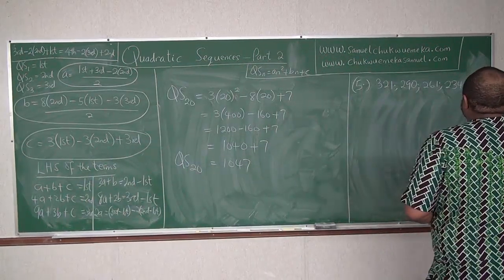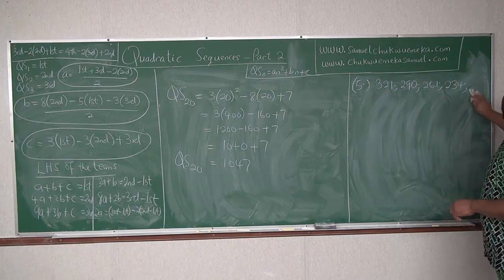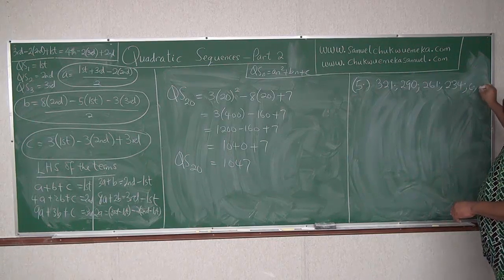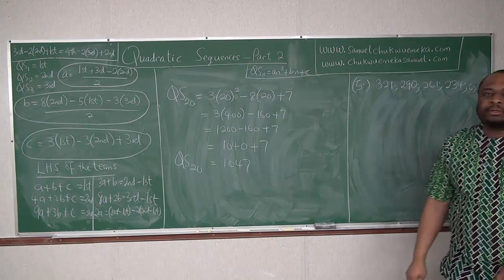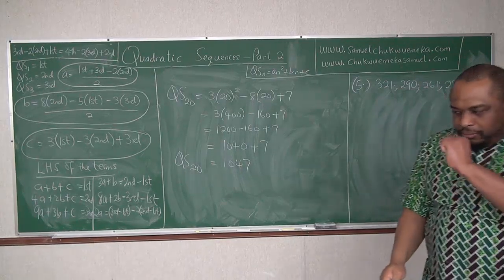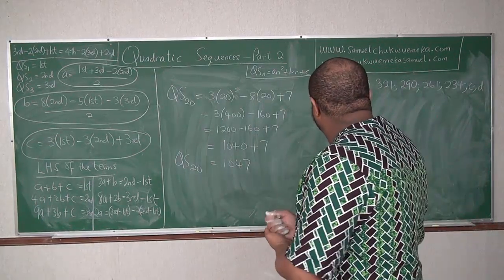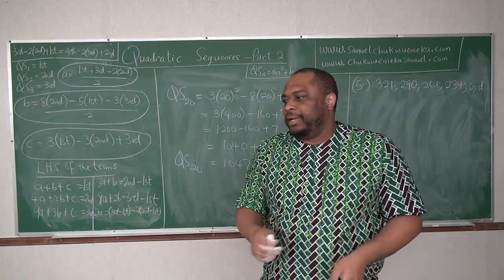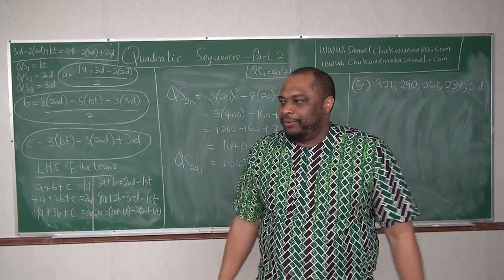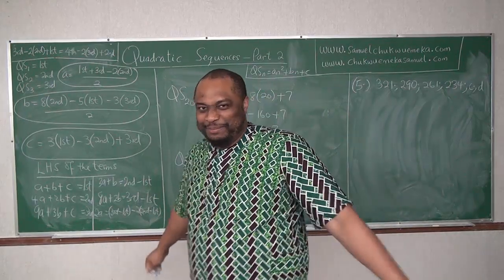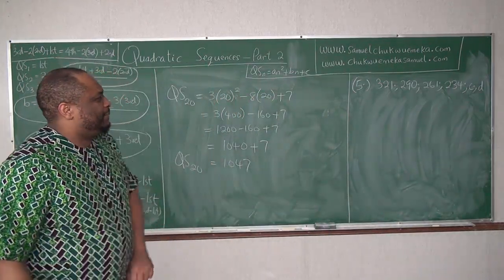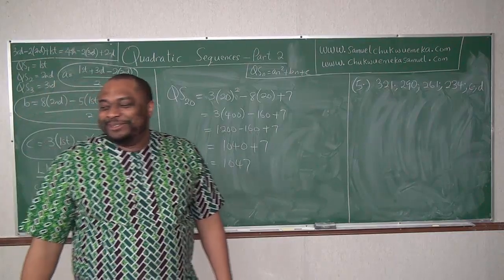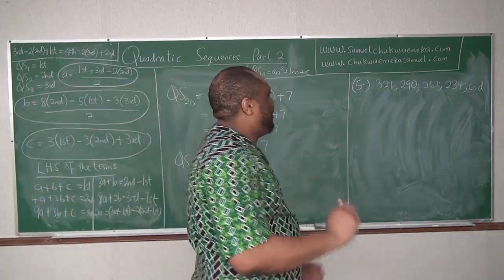Let the next 2 terms of the sequence be C and D. I might have to use calculator this time around. The numbers are big, so I might have to use calculator.